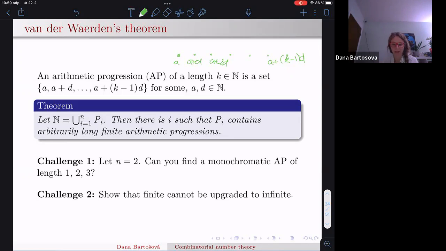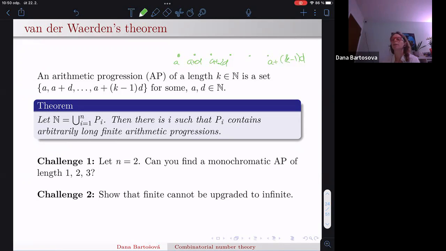Okay, so maybe just to digest this theorem. Has anybody seen this theorem before? It's very old, so nothing new. I believe it's from 1928, and the original proof doesn't use ultrafilters.